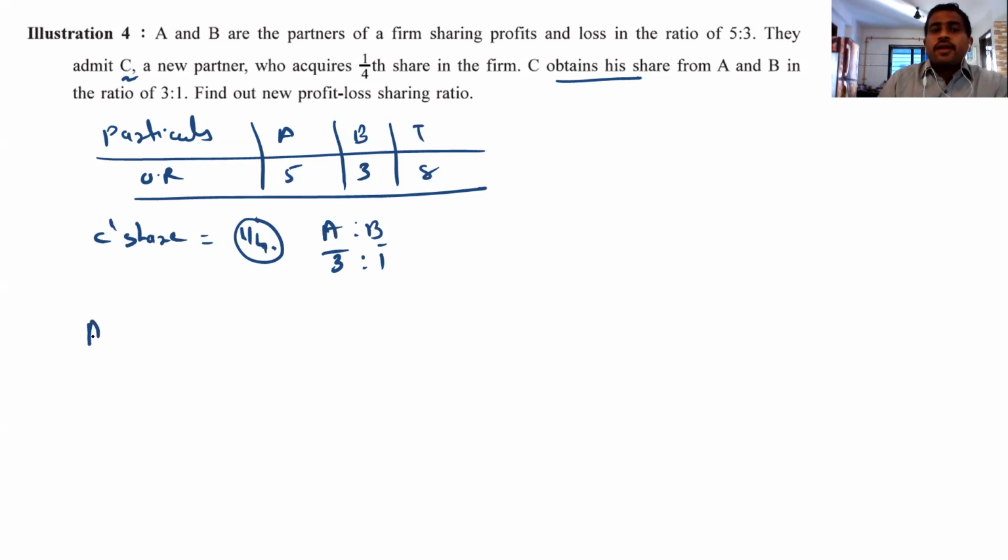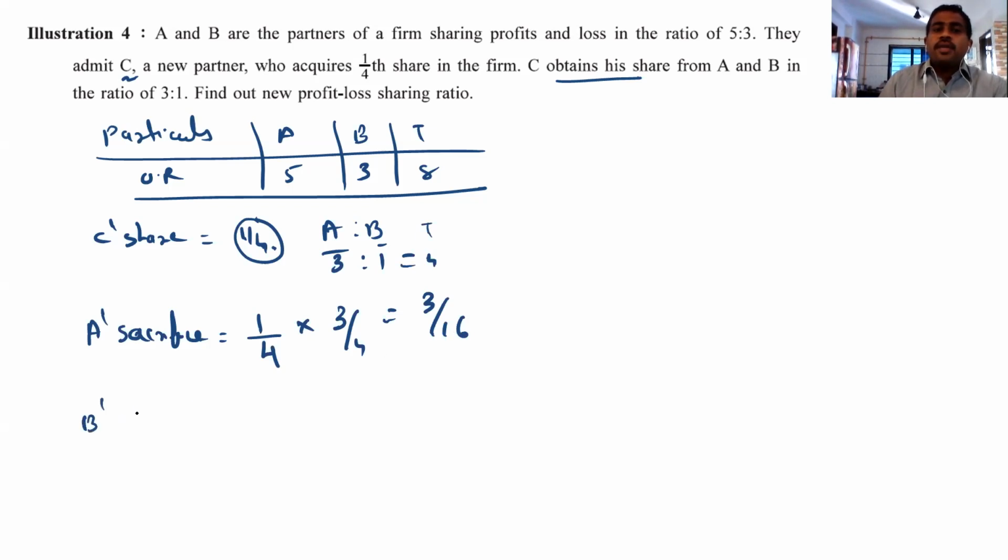We have to find A's sacrifice, which is 1 by 4 to be given. Now how much is A ready to give? 3 by 4. 3 is to 1, total 4. So 3 by 16 is ready.